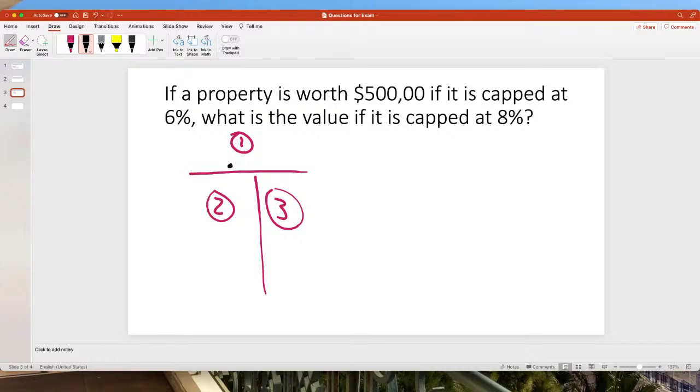I like to put my math symbols on the T, and if we had both of the bottoms, what does our math tell us to do? It tells us to multiply. So again, if you have both bottoms, you multiply. If you had one top right up here and one bottom, the math tells you to divide. Okay, so don't panic. We'll go through this and figure all of this out, and I'll show you exactly how to solve this problem.